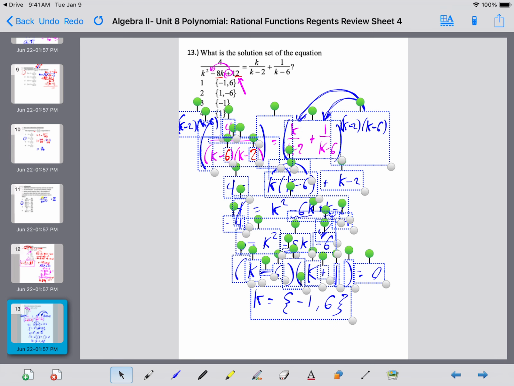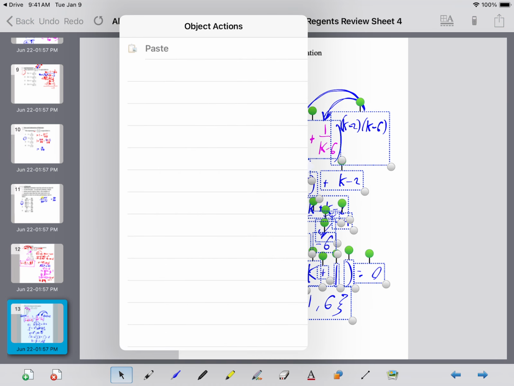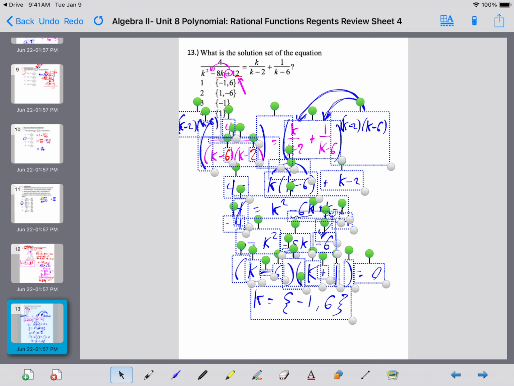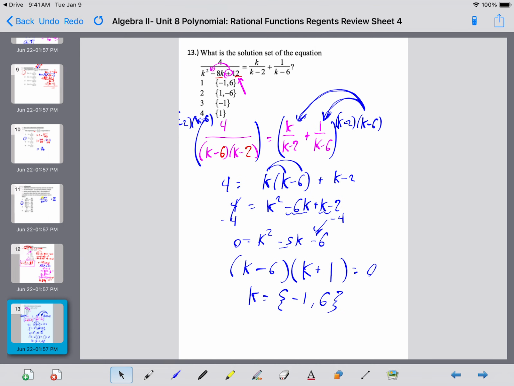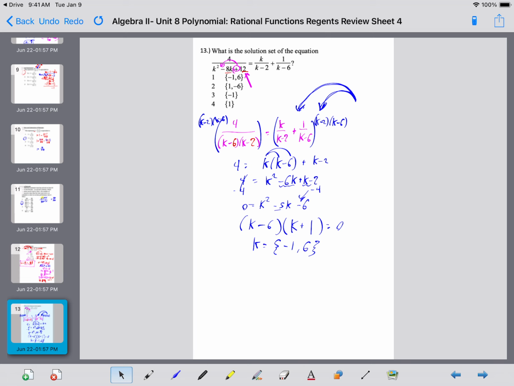Is that our solutions? Are we done? No. Remember, you must check for extraneous solutions with radical and rational equations. So, this factor here, what solution would make that factor equal 0? It would be 6, right? Where k equals 6. Is that one of our solutions? Yes.